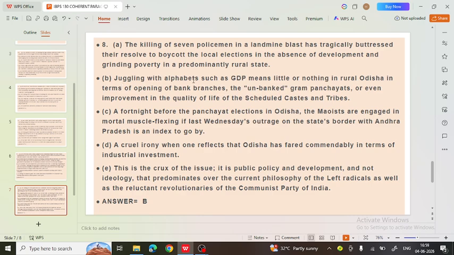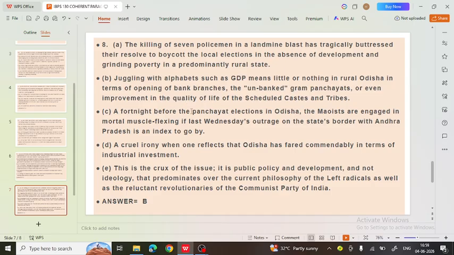Jargon such as GDP means little or nothing in rural Odisha in terms of opening of bank branches, the unbanked Gram Panchayat, or even improvement in the quality of life of the scheduled castes and tribes.